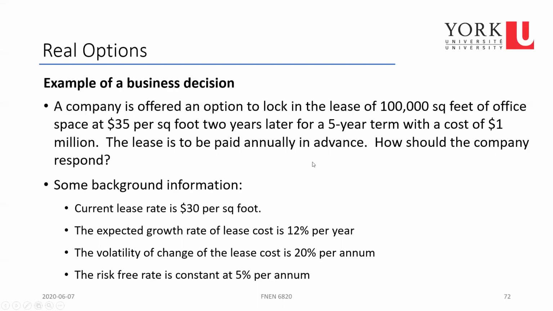Typically, if you're running a business, you may get offered this kind of option or choice by your landlord, right? Because the landlord wants to lock in the price. So you have a long-term lease to reduce uncertainty.